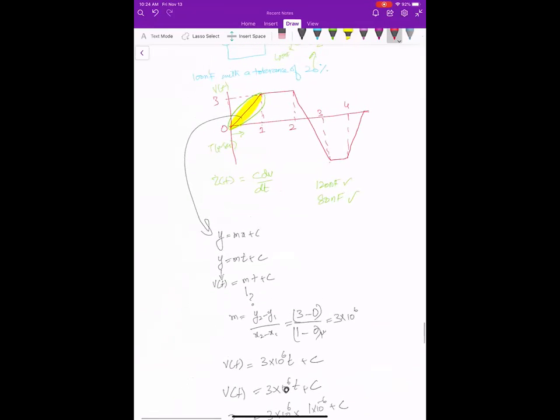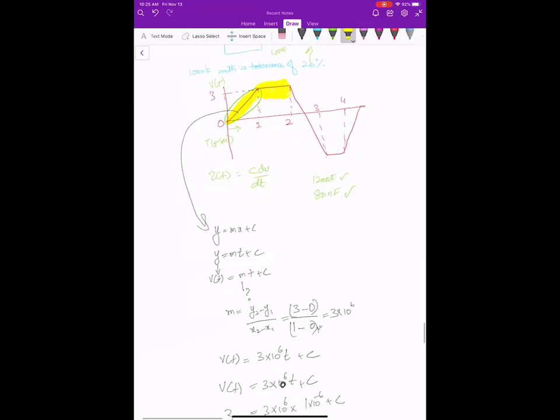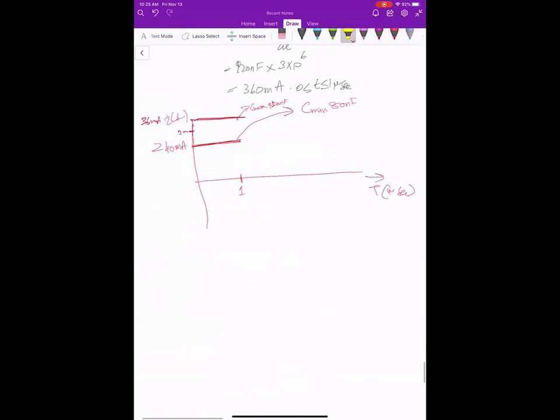Yeah. Okay. Now if you see this part from 1 to 2, we have to focus there. Now 1 to 2 is a straight line, which means that it does not have any slope, which means that it is constant.